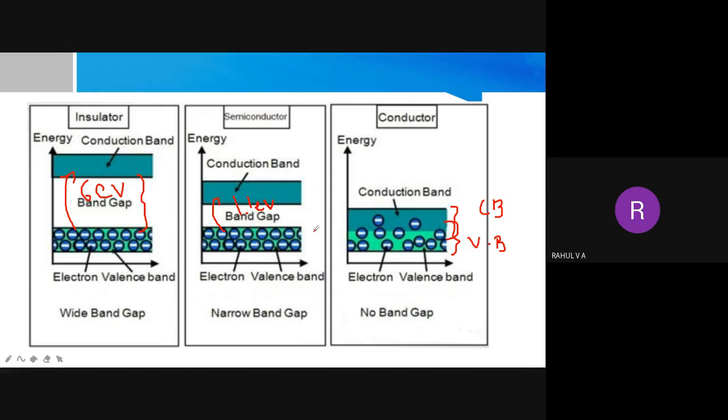But in the case of conductor, since conduction band and valence band is already overlap, some electrons in the valence band are already available in the conduction band.